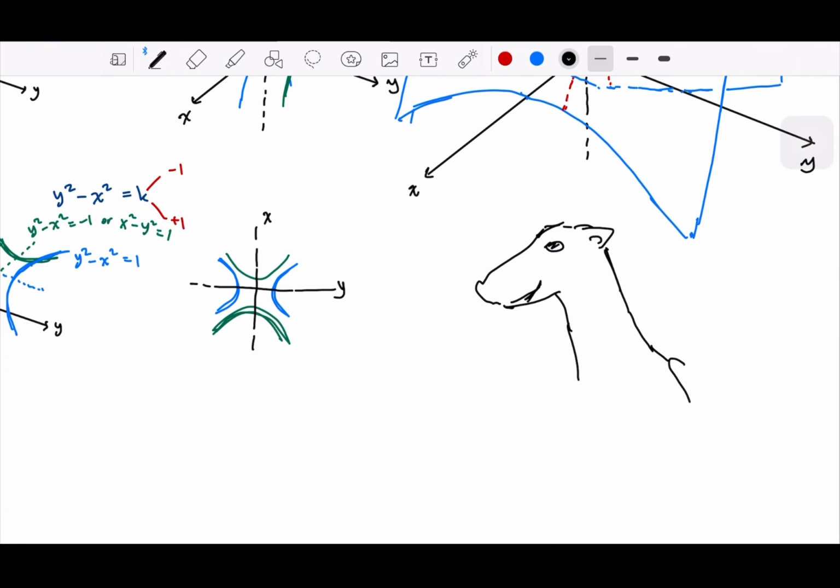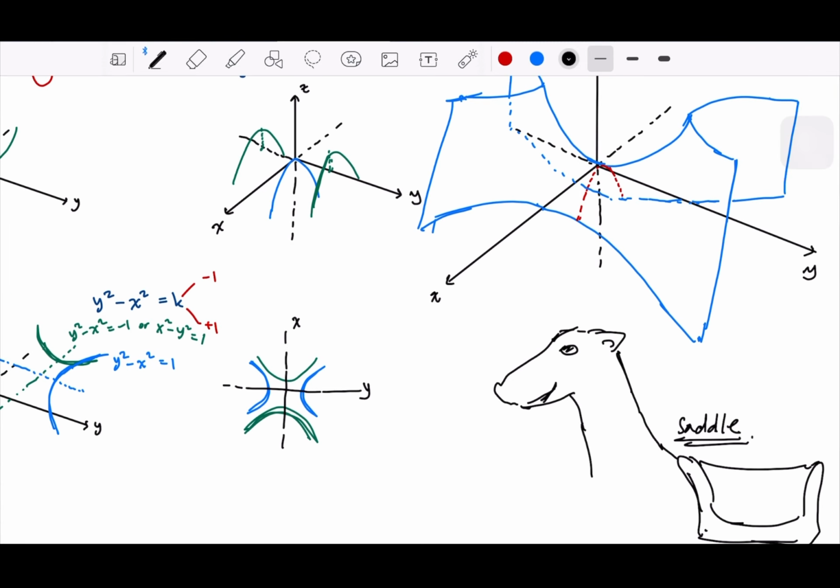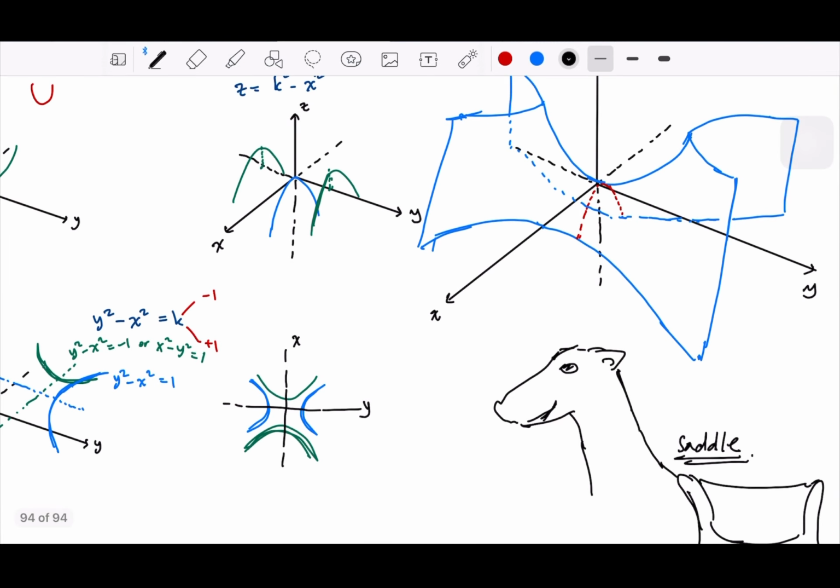And of course, when you are riding a horse, the horse needs to be equipped with a saddle, and it is the same structure as what we have in our graphs, in our drawing in the above picture, right?